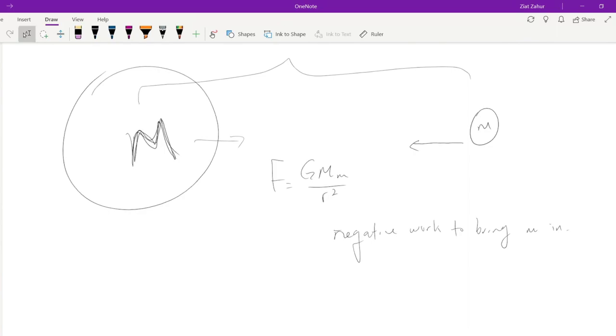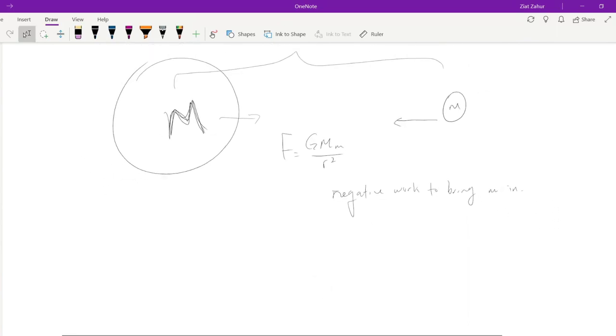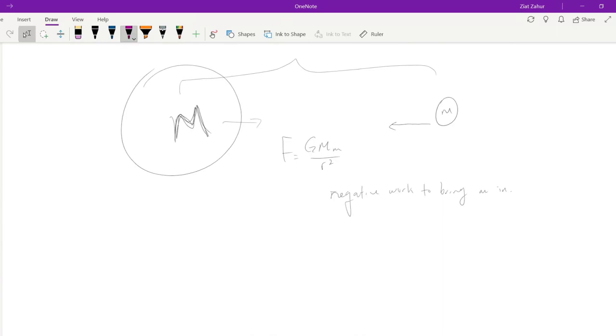You can imagine that the gravitational force is an imaginary spring, and it takes positive work to stretch the spring out. So having the masses further apart actually takes positive work.